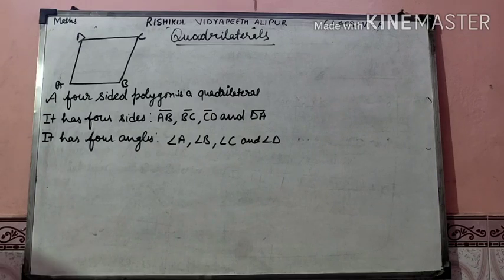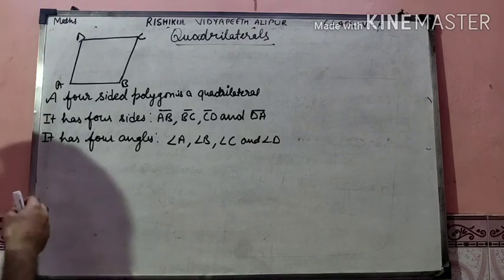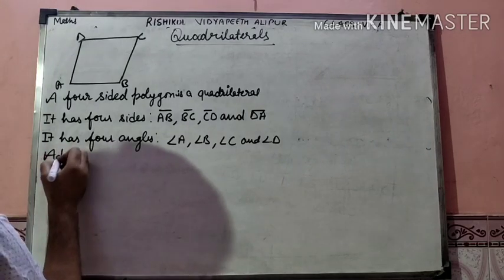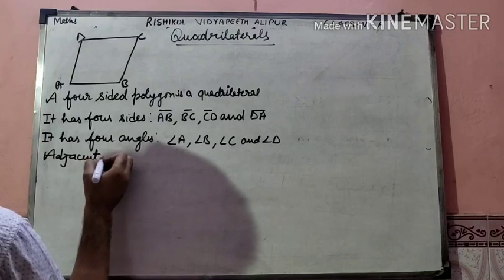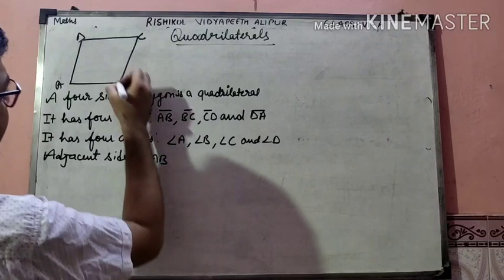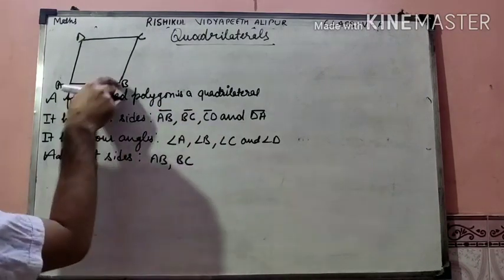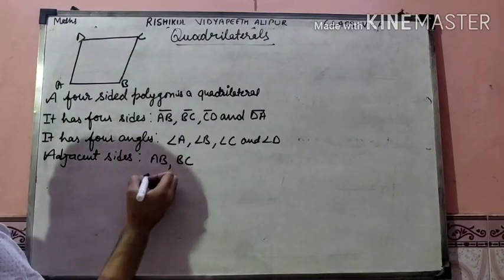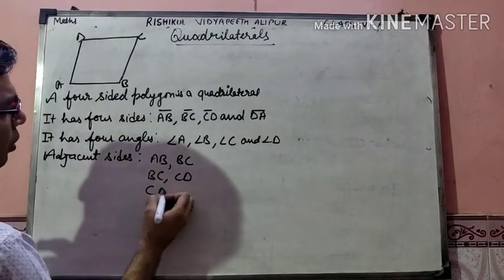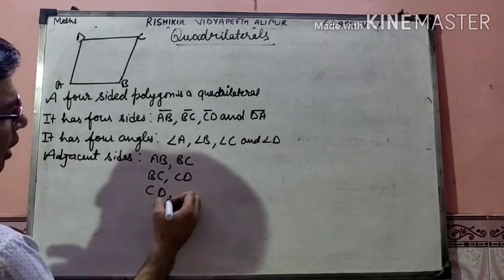How many adjacent sides? In the last classes we have discussed adjacent. Adjacent means which have a common vertex. So can you write the adjacent sides? AB and BC are adjacent. Then BC and CD are adjacent. Then CD and DA are adjacent.